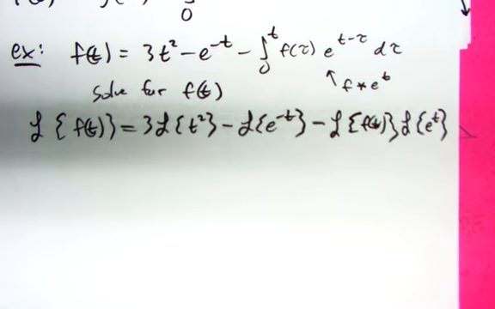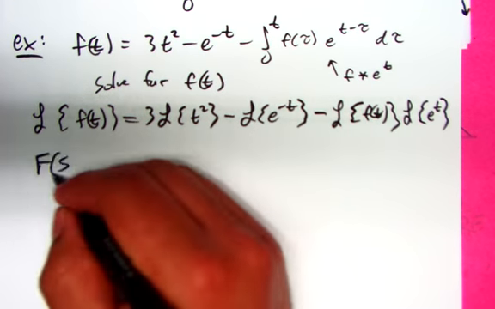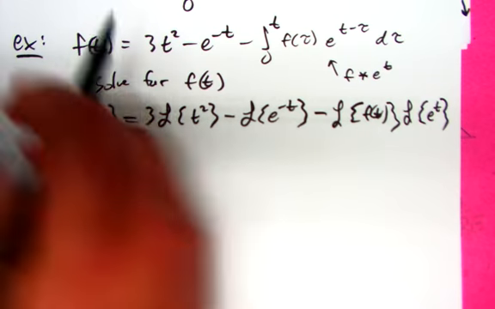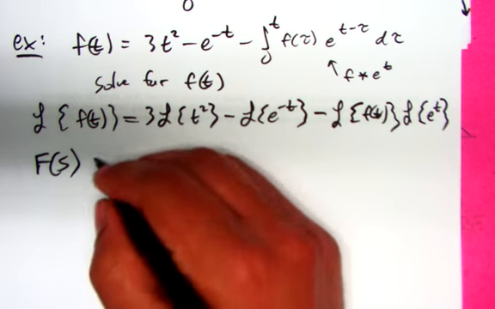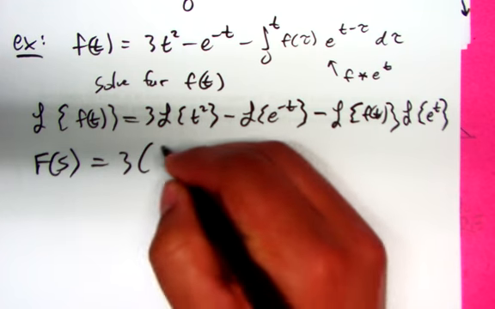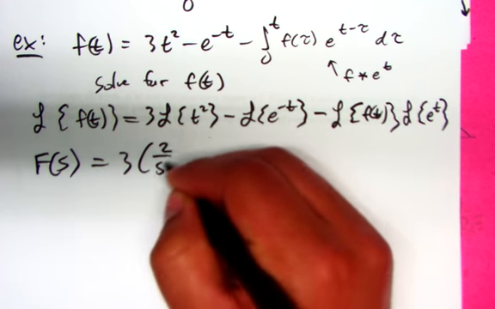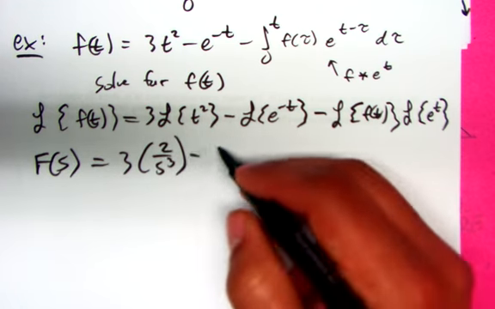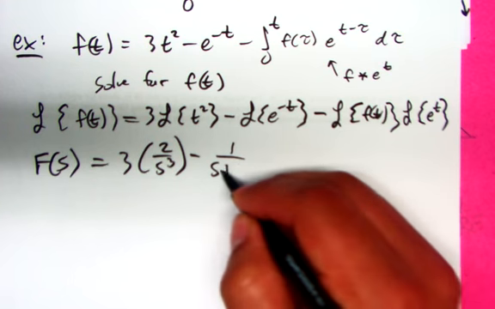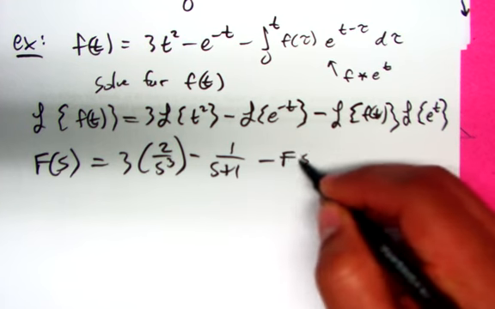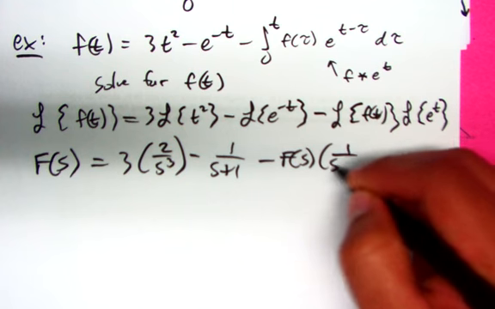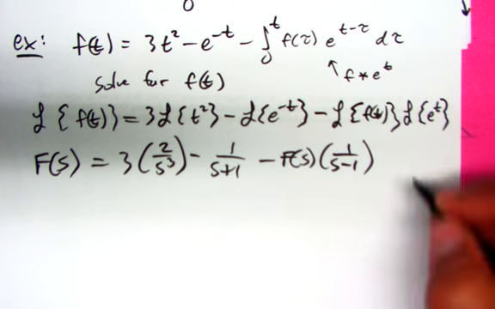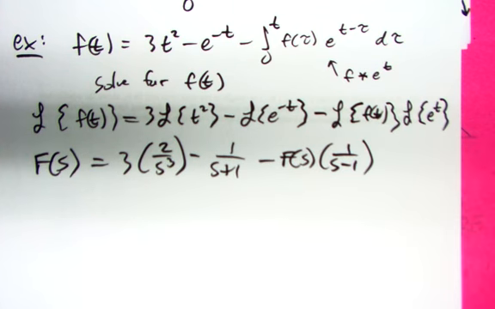Okay, so now we get capital F of s equals 3 times the quantity 2 over s cubed, minus 1 over s plus 1, minus capital F times 1 over s minus 1.